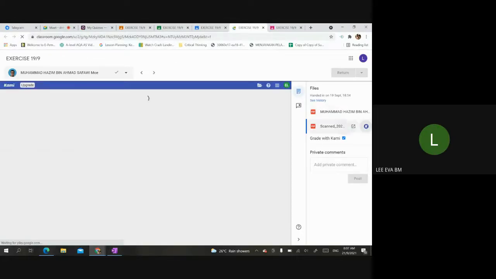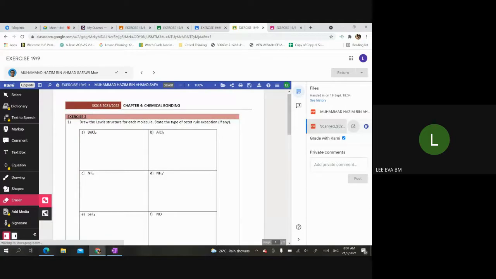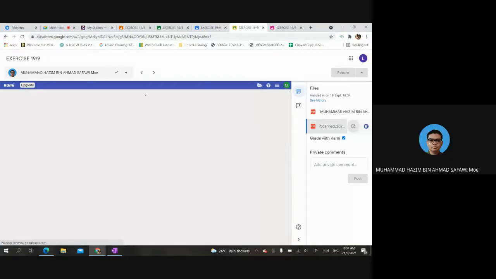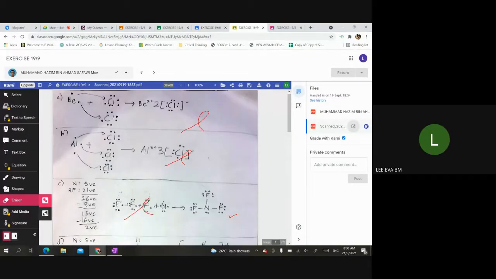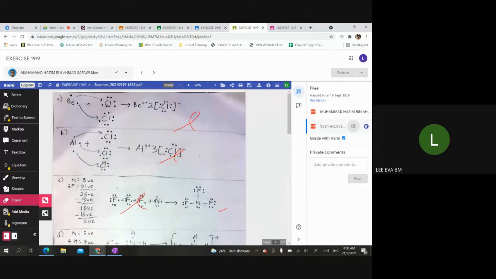Right. This is not only Hazim, but about 4 to 5 students, who don't use the template. For this one, Hazim, and also Marcella, you did the same thing.